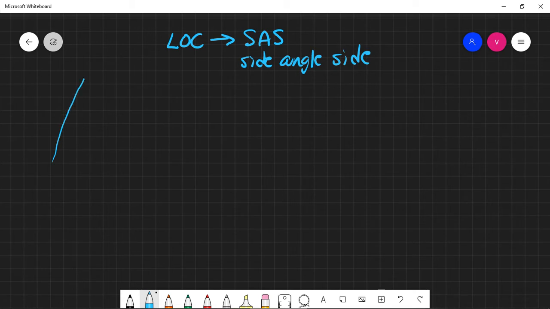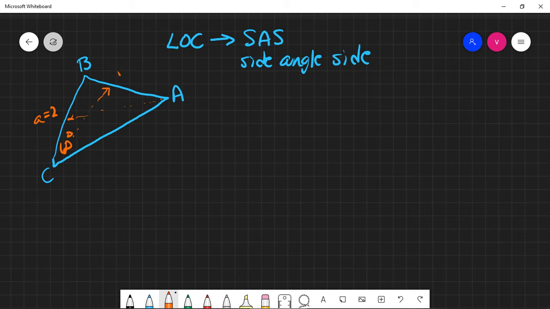I'm going to draw a very exciting triangle here, a non-right triangle, and we're going to call this A, B, C. We're going to say that C is 60 degrees, and remember side A is opposite, side A is equal to 2. Over here, opposite is side C. And then opposite angle B is side B, which is equal to 3.